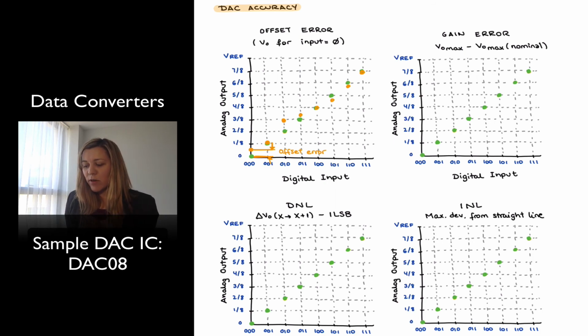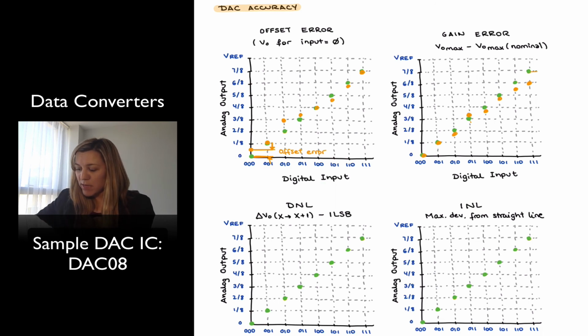Next, the gain error. We've expressed it as the difference between the maximum output voltage and the nominal maximum output voltage. So again, let's imagine that my green dots here represent my ideal set of output values for the different digital input states. And now let's imagine that my actual output started deviating at different points, and then it ended up something like that.